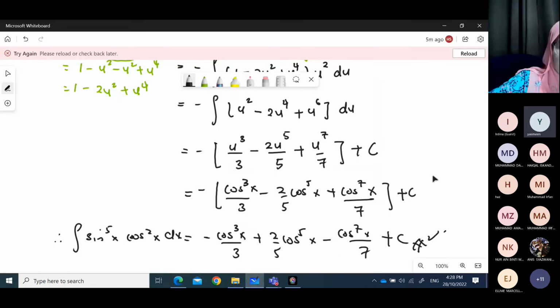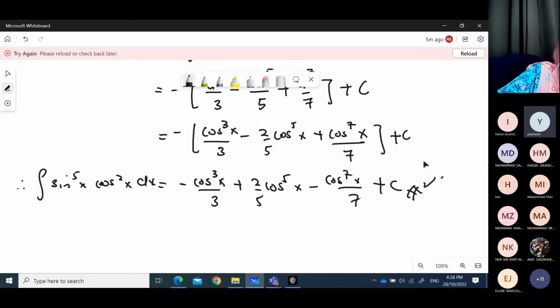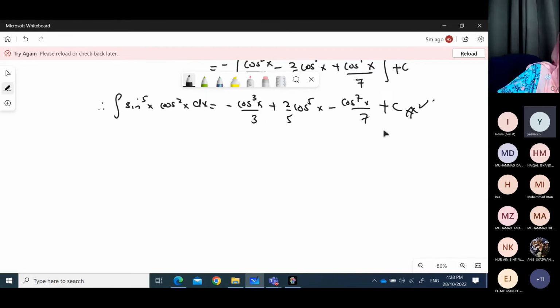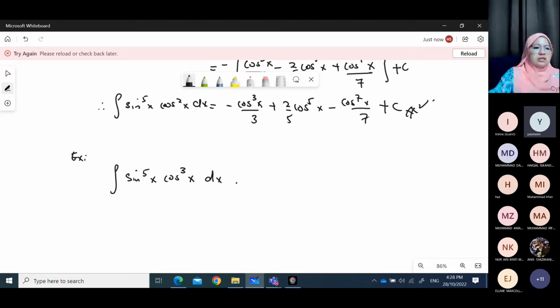Kalau kedua-duanya adalah odd, katakan integral sine to the power of 5x cosine to the power of 3x dx. So which one yang nak kita faktorkan? Is it sine or cosine? Which one?